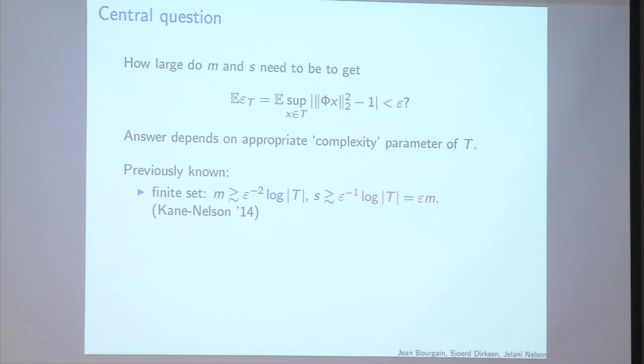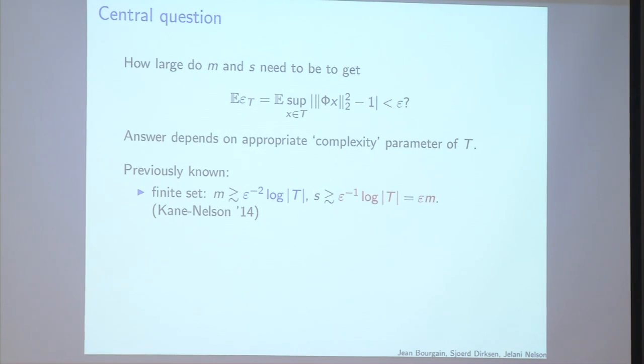Also, there's some sort of interplay going on between the embedding dimension that you can achieve, the column sparsity that you can enforce on the matrix, and also the structure of the set T. So let me summarize some previously known results. Jelani worked a lot on this. If I take a finite set, so this is the setting of the Johnson-Lindenstrauss lemma, then what you can show is that you can embed into the same dimension, epsilon to the minus 2 times log of the number of points, so this Gaussian embedding dimension.